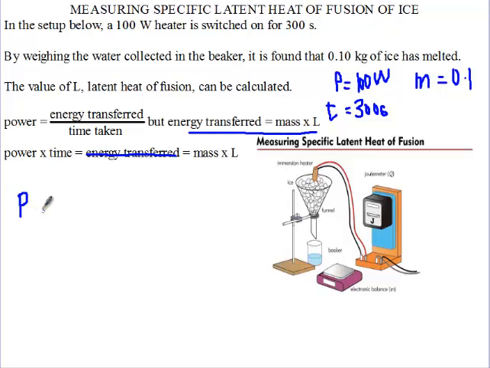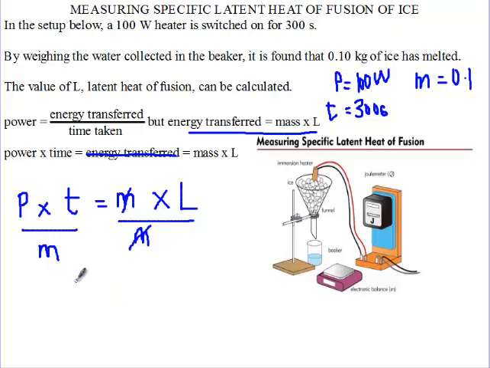So P times T is equal to M for mass times L for latent heat. Now we want to make latent heat the subject, so we're going to divide both sides by M. And that will mean we are going to end up with L is equal to power times time divided by mass.